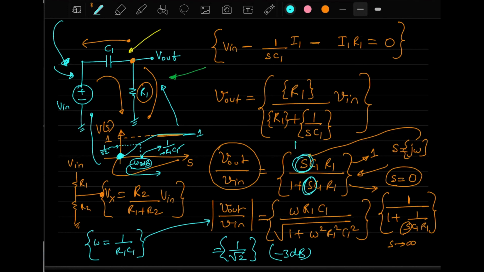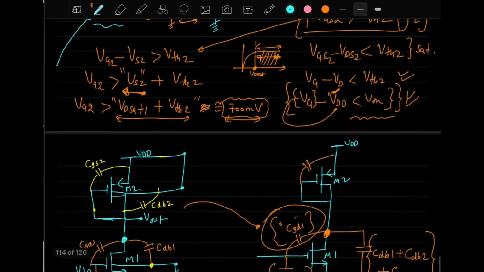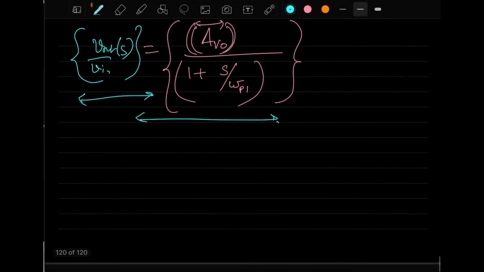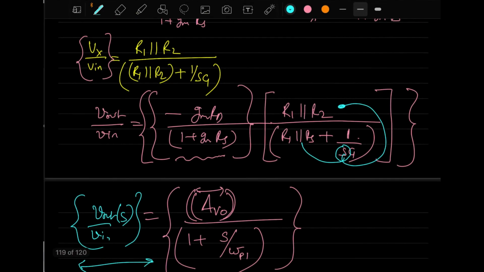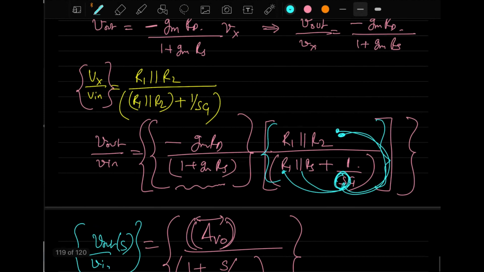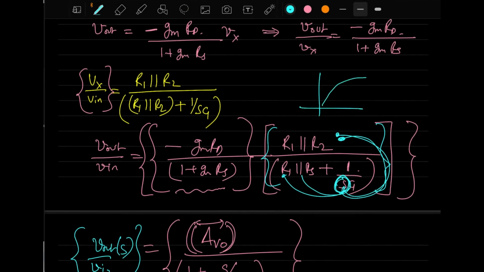So this particular transfer function has this behavior. So we are getting the roll off at low frequency because of this capacitor. And similarly here, you have two S's. One is this S coming this side, and when you take it in the numerator, it is again coming. So this behavior is also like this.